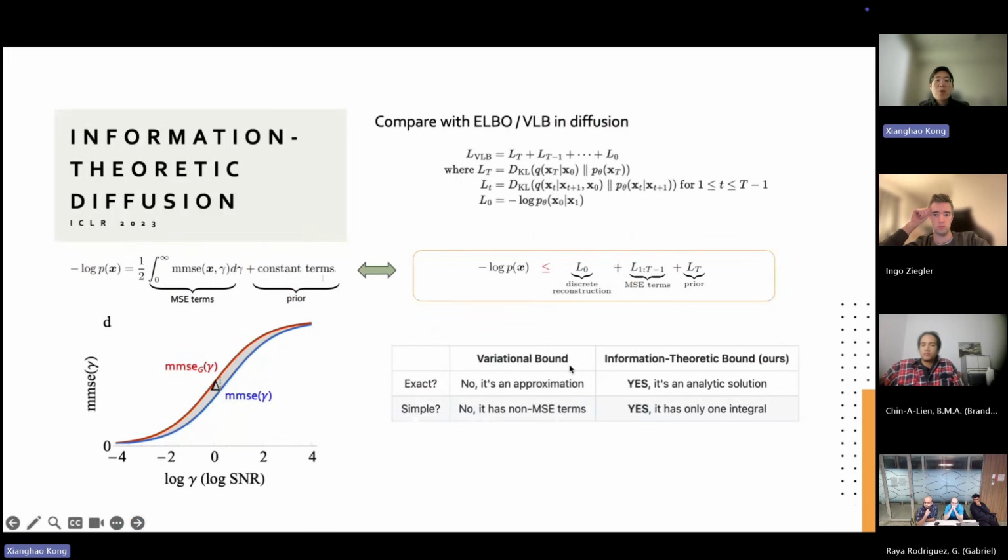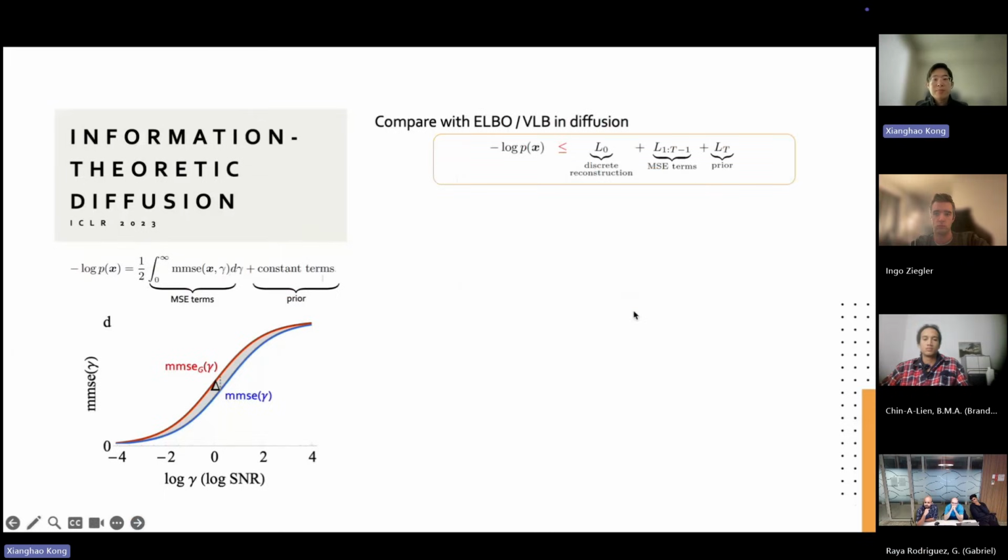And the second advantage of our IT bound is that we only contain one integral over the MSE terms, and this MSE term is easy to calculate, just train a denoiser to do that. But for the vanilla diffusion bound, they also contain something like discrete reconstruction terms and also a prior. And sometimes when we calculate those things, they will induce some errors.